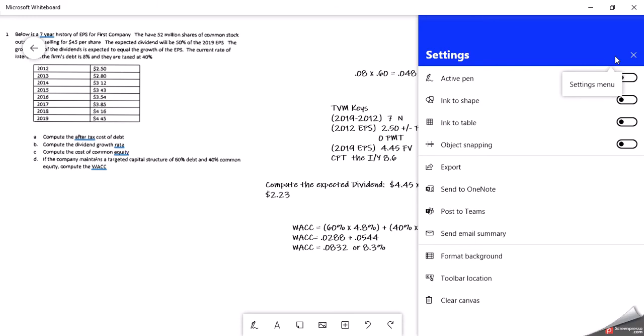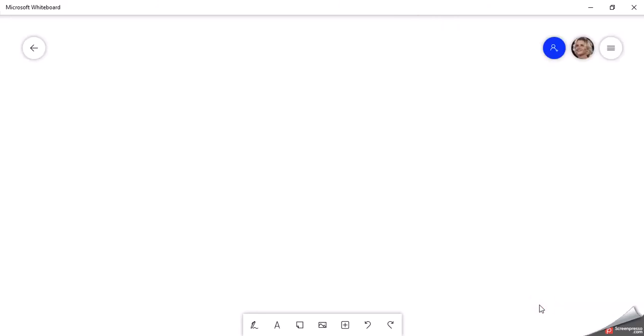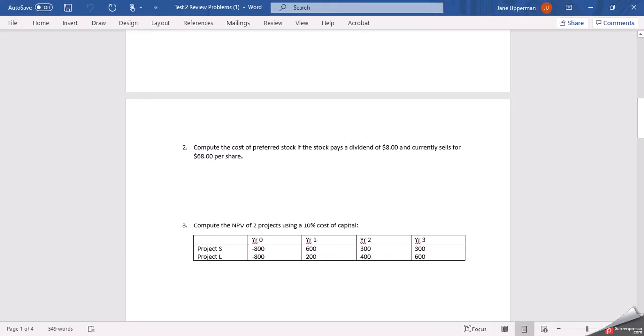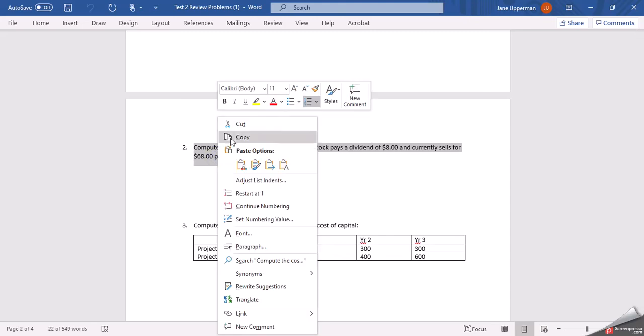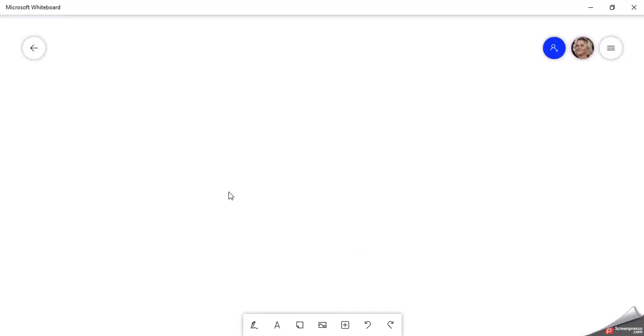So then I will clear that canvas and we'll start with our second question. If I go back to my sheet here, my second question is to compute the cost of preferred. See if I can just copy and paste that over here.